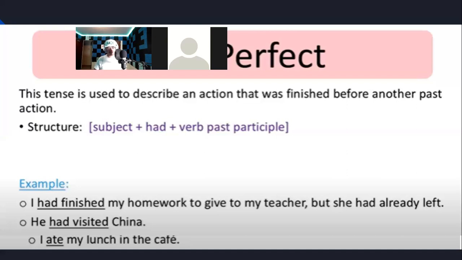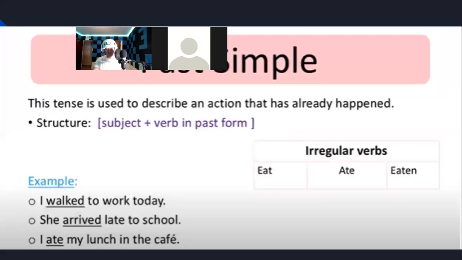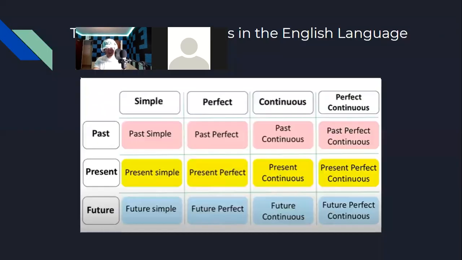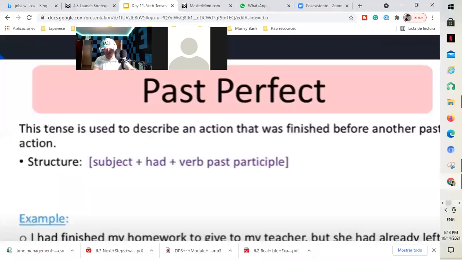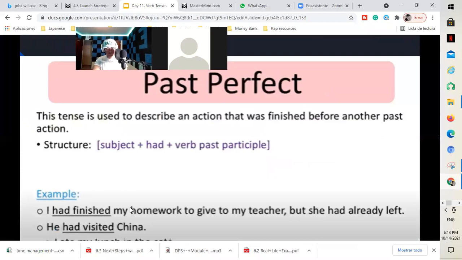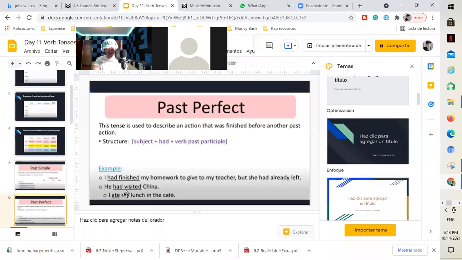I ate my lunch at the cafe. Yeah, that one doesn't go there, right? That is past simple. So right here, this one doesn't go there. That was just an error.